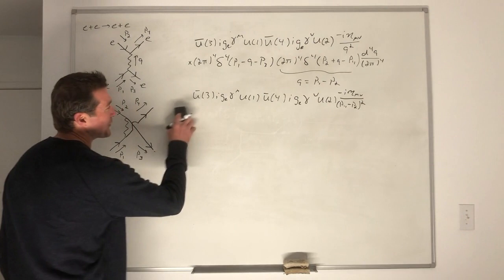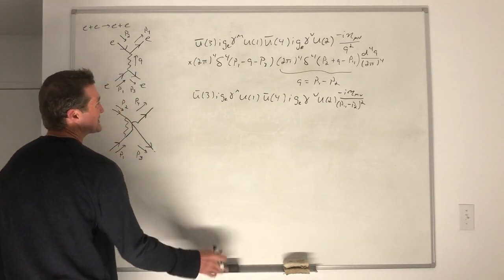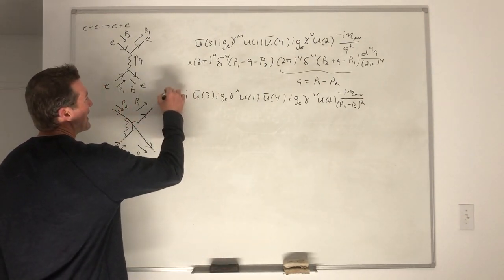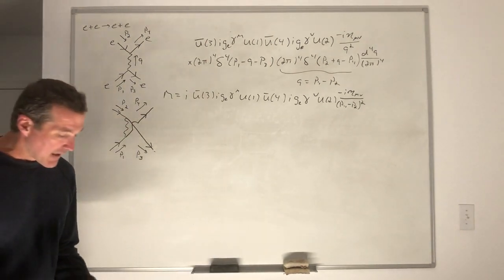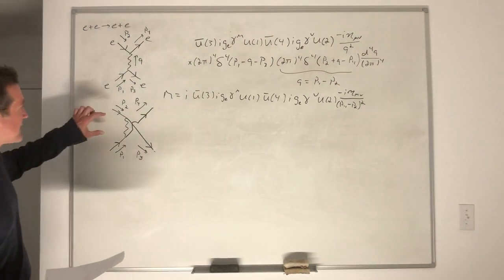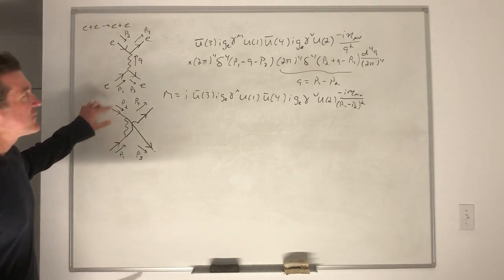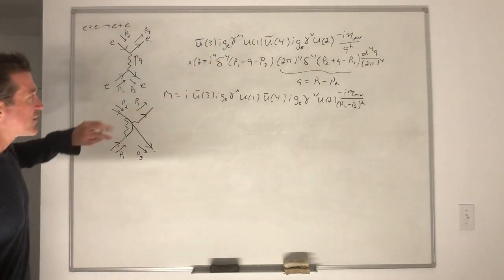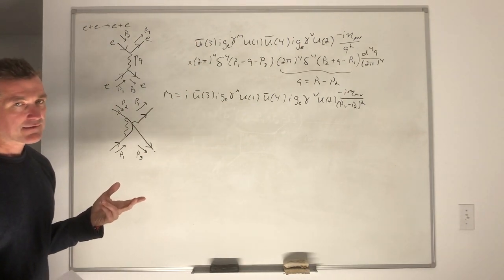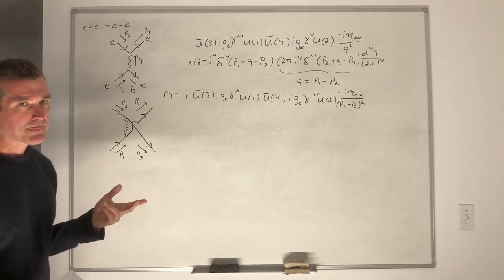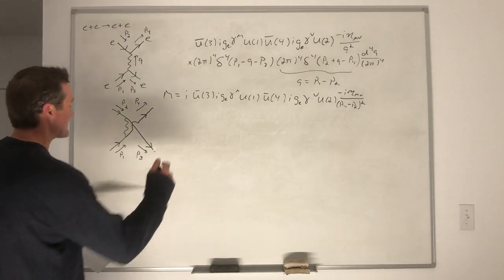We erase the overall momentum conservation. We multiply by I, and that is our M. Okay? Now, if we want to get this guy, do we go through all of this work again, or do we just switch things? What do you think? Switch. We switch, exactly.